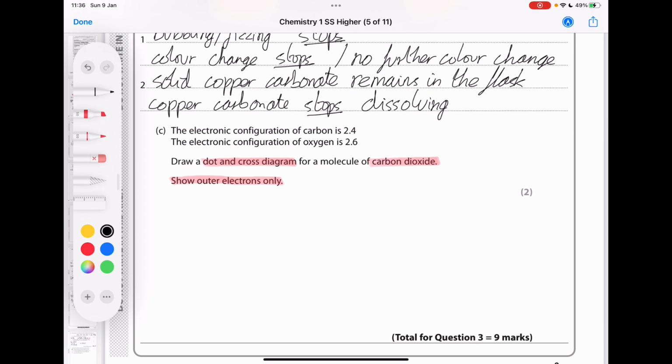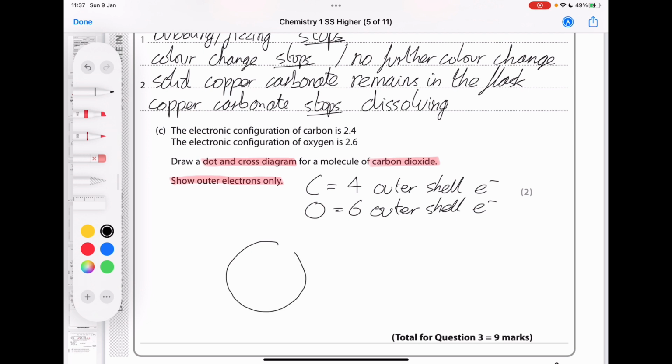So my carbon has got 4 outer shell electrons, and oxygen has got 6 outer shell electrons. The first thing I'm going to do is draw in my outer shells of carbon in the middle and oxygens either side.